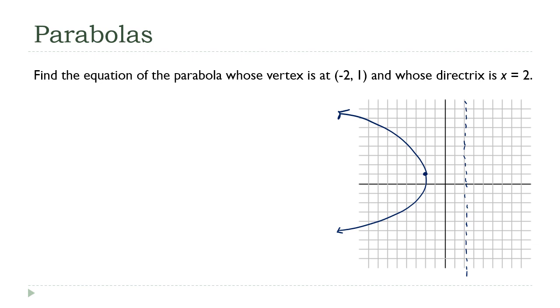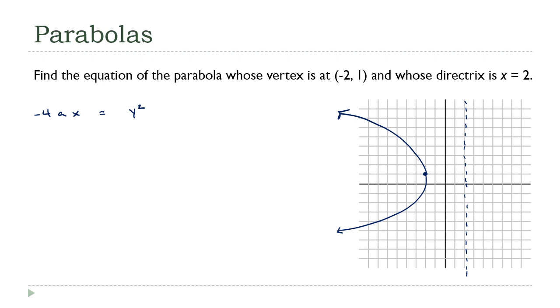And I know that my opening to the left equation is going to have an x and a y squared, right? So it's going to be y squared equals, then because it's going to the left, I'm going to have -4a over here.